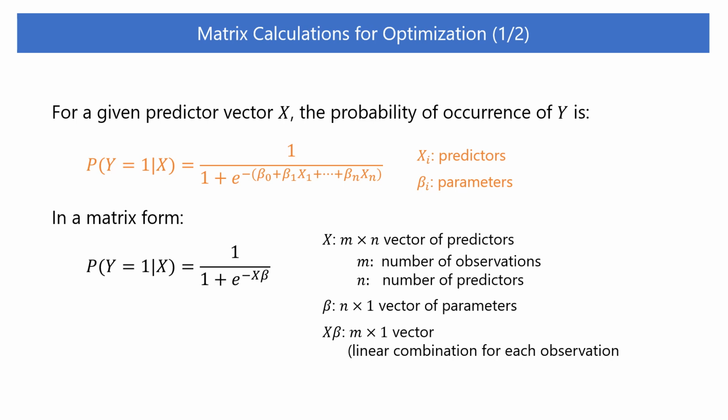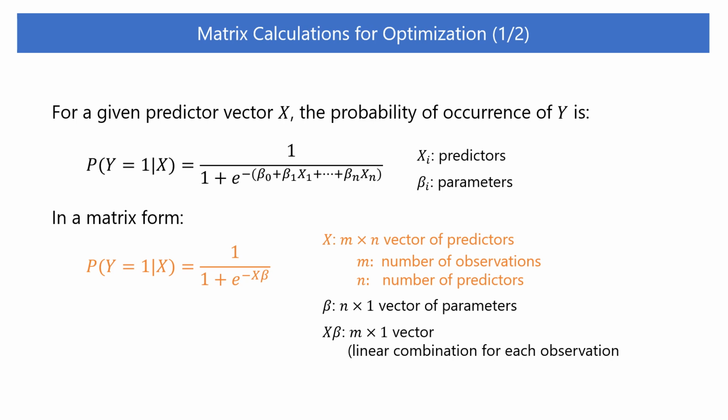In a logistic regression model, for a given predictor vector x, the probability of occurrence of y is modeled in this way, where x_i is the predictor variable and beta_i is a parameter of the model. In matrix form, using the inner product of the vector of predictors x and the vector of parameters beta, the model can be expressed in this way.